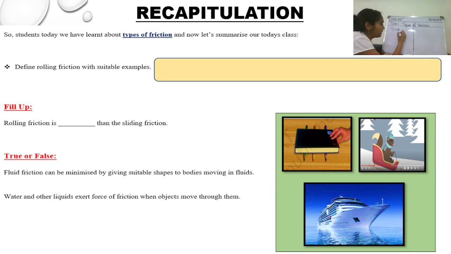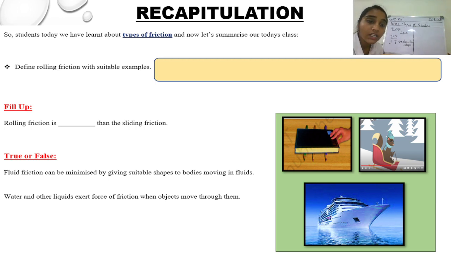Yes, so in the fill up we discussed that it will be less. And in the true false we are saying the first statement is true. So what is the name specifically? Yes, it is a streamlined shape. So in this way we can reduce the friction, and we will be discussing more how friction is reduced by giving streamlined shapes to those objects, right?